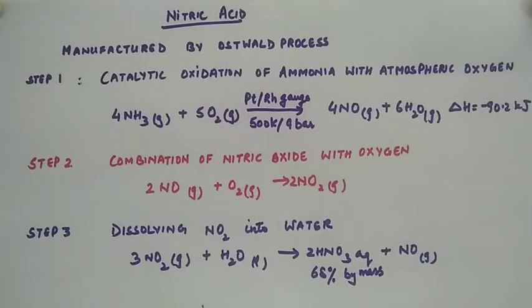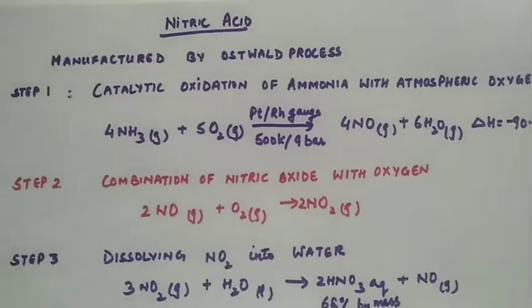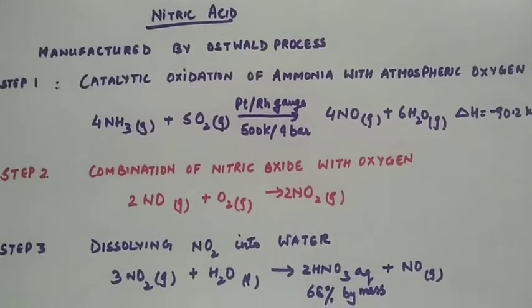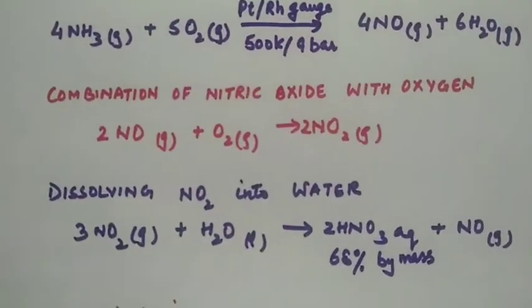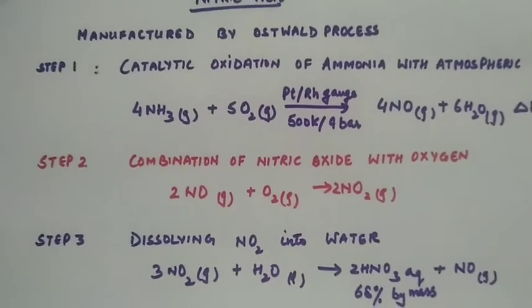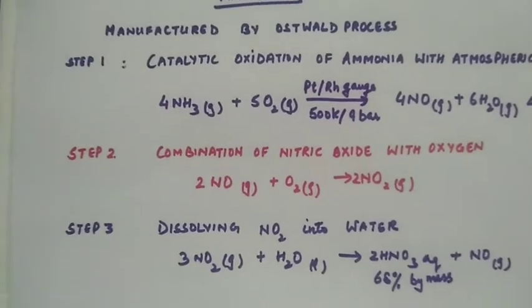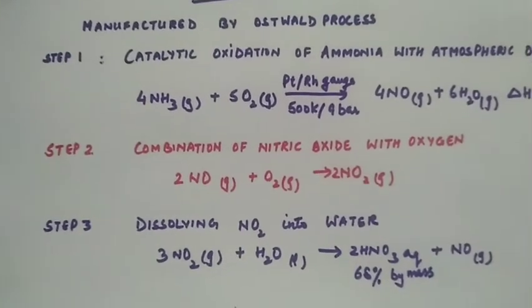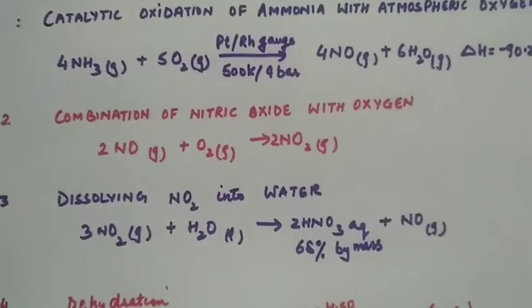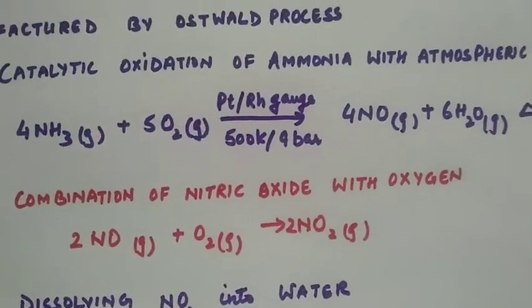The first step is catalytic oxidation of ammonia with atmospheric oxygen. For this, ammonia is fed into a chamber and oxidized with oxygen in the presence of a platinum or rhodium gauze catalyst at a temperature of 500 Kelvin and 9 bar pressure.